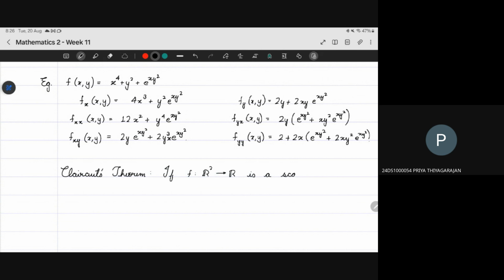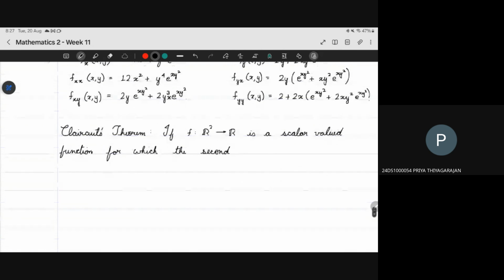If f is a scalar valued function, what are the required conditions to ensure that the mixed derivatives are equal?